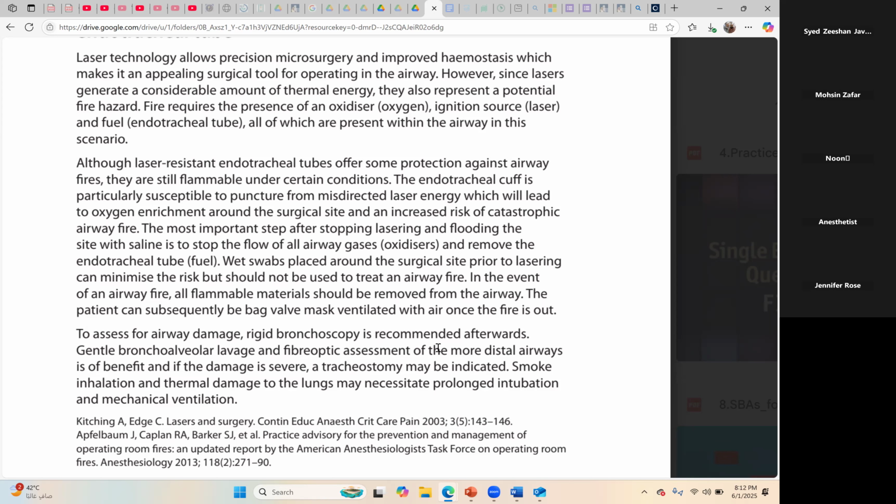I would give 100% oxygen, ventilate, and then disconnect, and he would do the laser. When the patient starts desaturating, I ask him to stop, and then I attach the circuit again, to avoid any chances. It's not a bad way. It's a good way to manage.